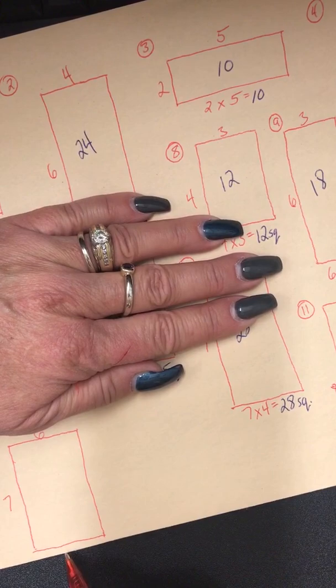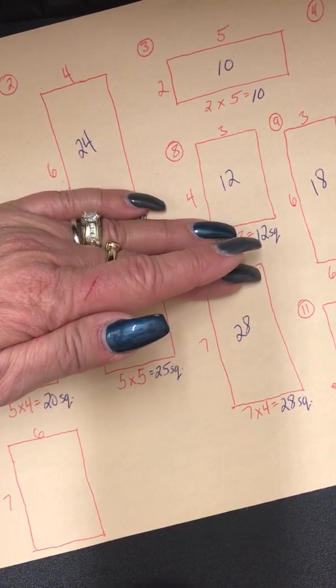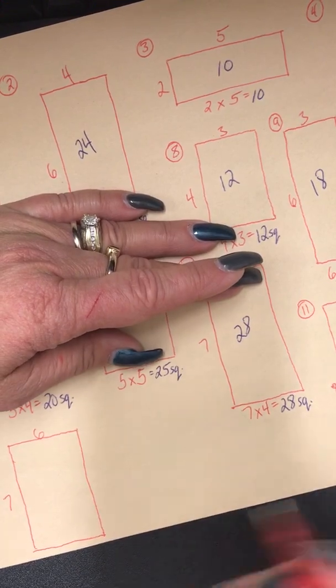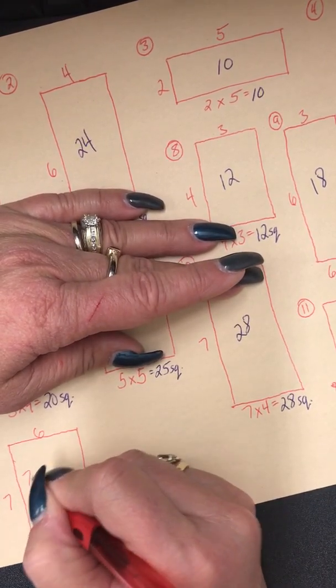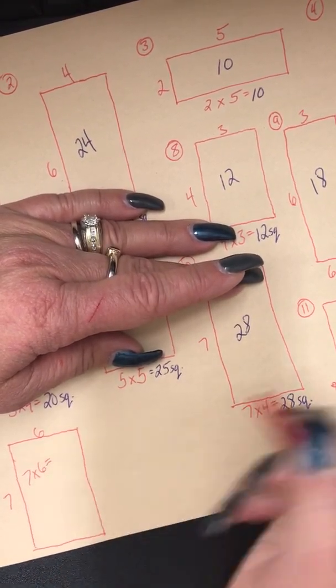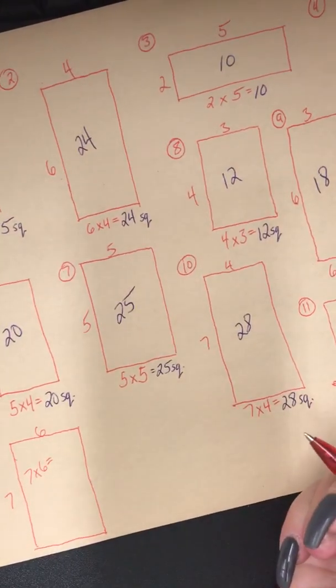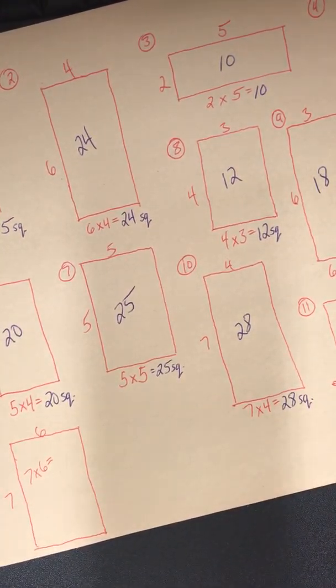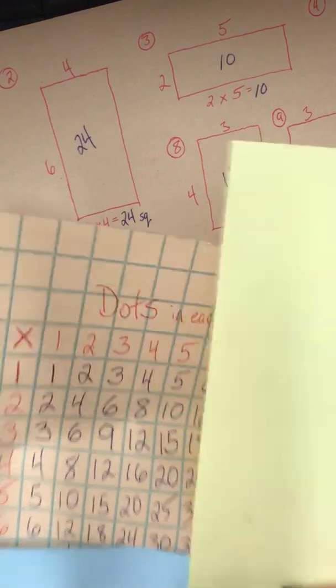Oops, and look what I did. I went all the way to the bottom. I didn't leave myself any room for a sentence. So, you know what? I'm going to write my sentence right inside. 7 times 6. Now this one is probably one that you don't have memorized because it's one of those tricky ones.